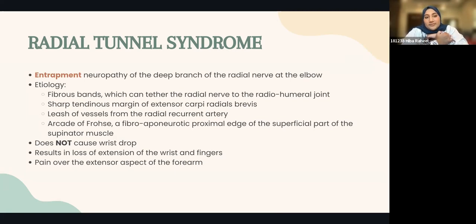So let's go over the signs of radial tunnel syndrome one more time. Number 1, the patient is going to complain of pain on the back portion of his hand or arm. Next, they're going to say, "Doctor, I'm not able to extend my wrist and my fingers." When they say that, think of radial tunnel syndrome.